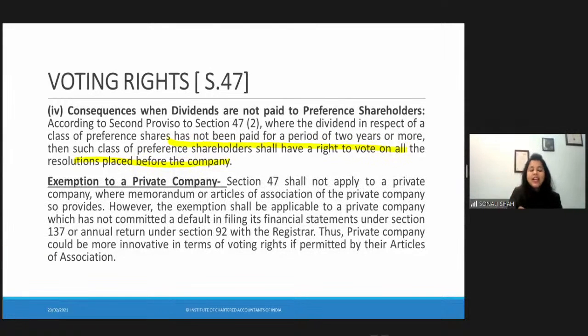Generally, they only have a right to vote on a resolution that affects the rights of preference shares, or is for the winding up of the company, or changes the composition of equity and preference share. But where the dividend has not been paid for 2 years, they will have a right to vote on all the resolutions placed before the company. Is that clear?